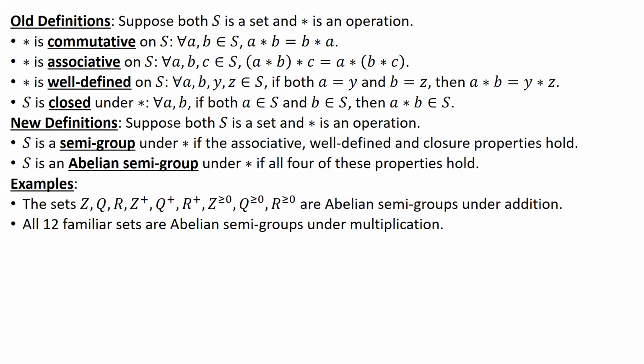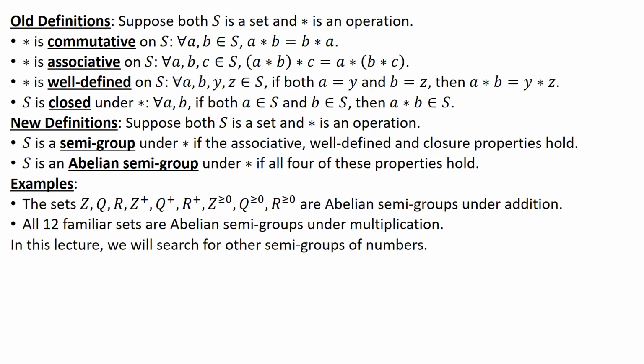And over the course of the next few lectures, we are going to find less familiar examples of semigroups. We're going to start by looking at new algebraic structures. And remember, in an algebraic structure, you need a set, you need a notion of equality, and you need an operation. In this lecture, we will look at the following structure.